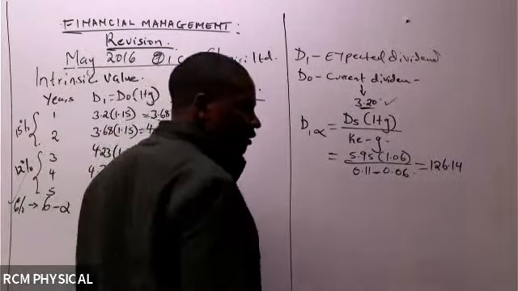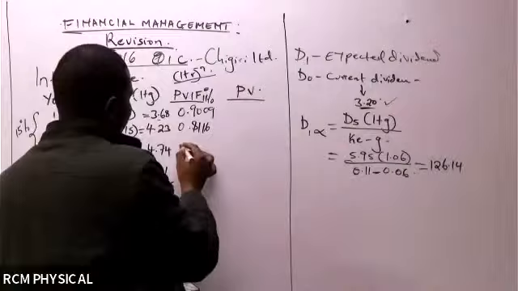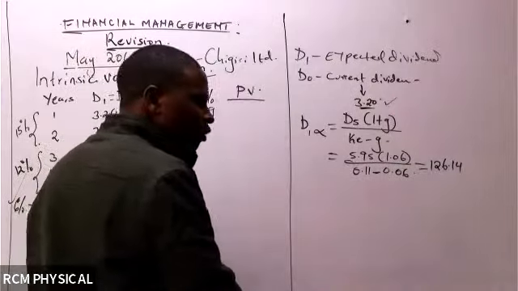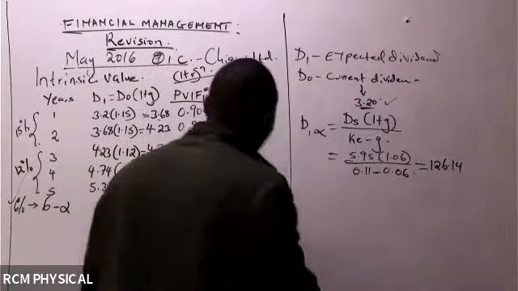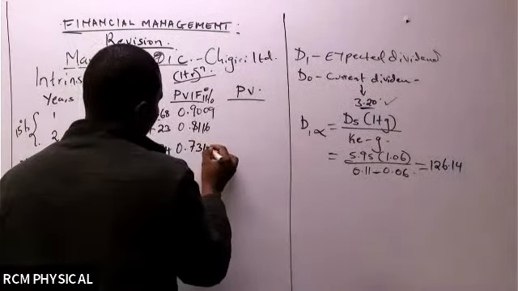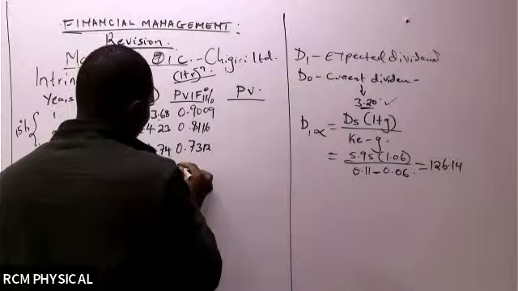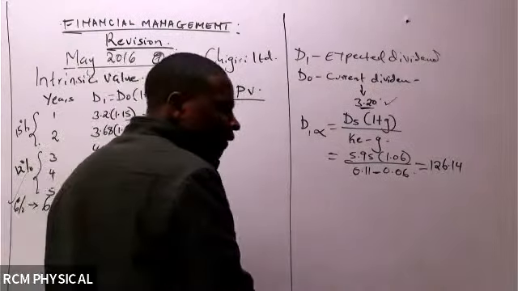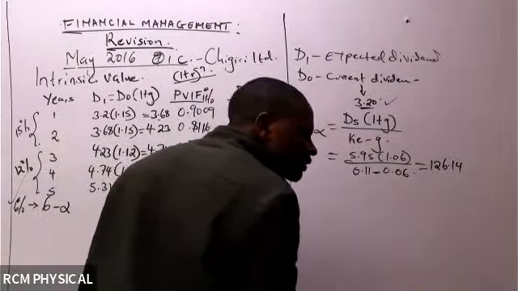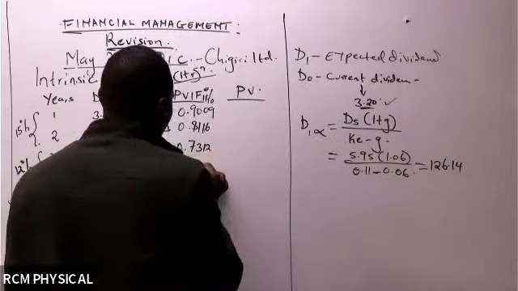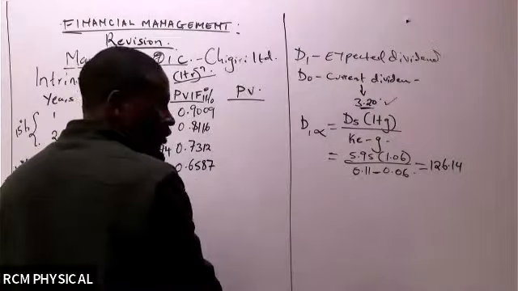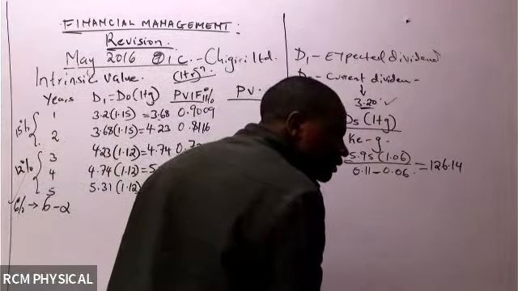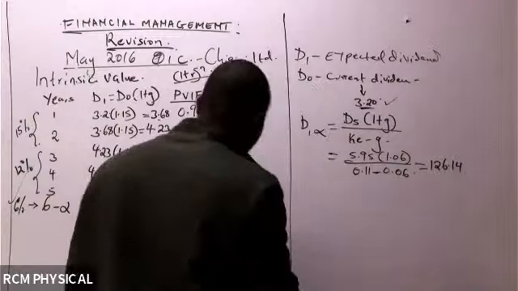The third one, 7312. 7312. The fourth one, almost done. 6587. 6587. The fifth one, tano. 5935.